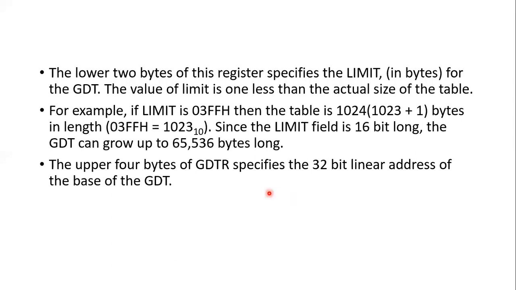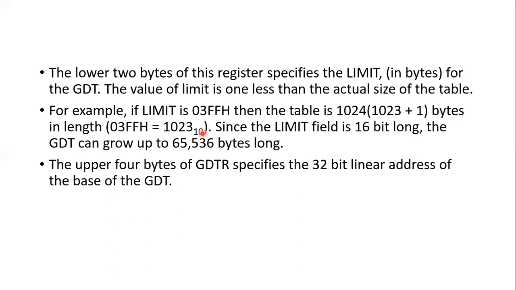For example, if the limit is 03FFH, a hex value, then the table is 1024, that is 1023 plus 1, bytes in length. That is, 03FFH equals 1023 in base 10.